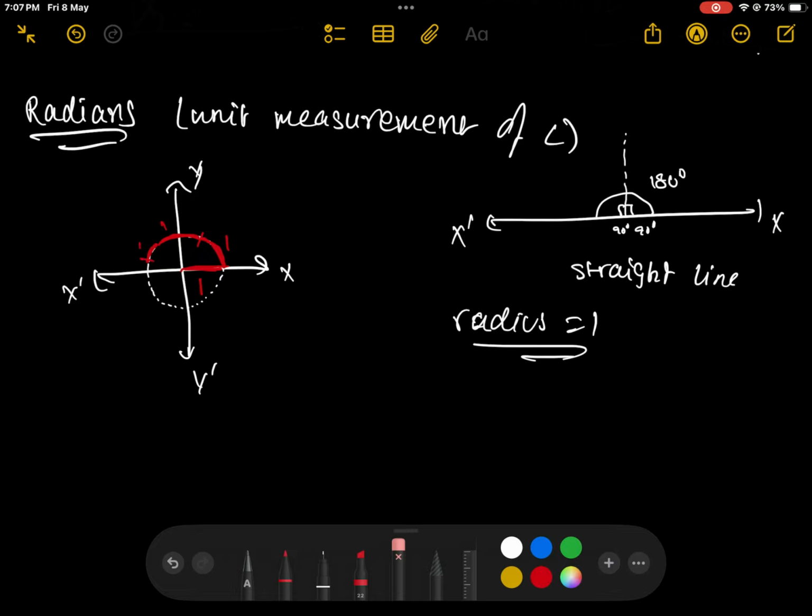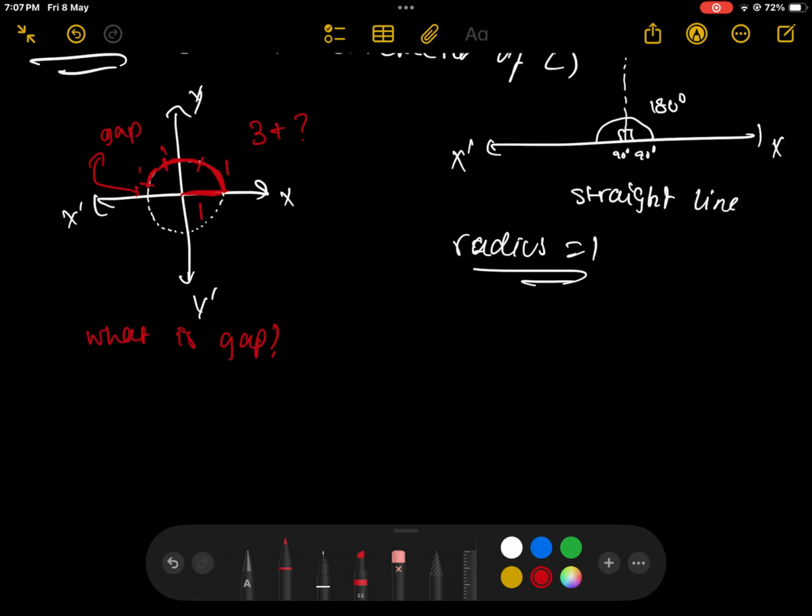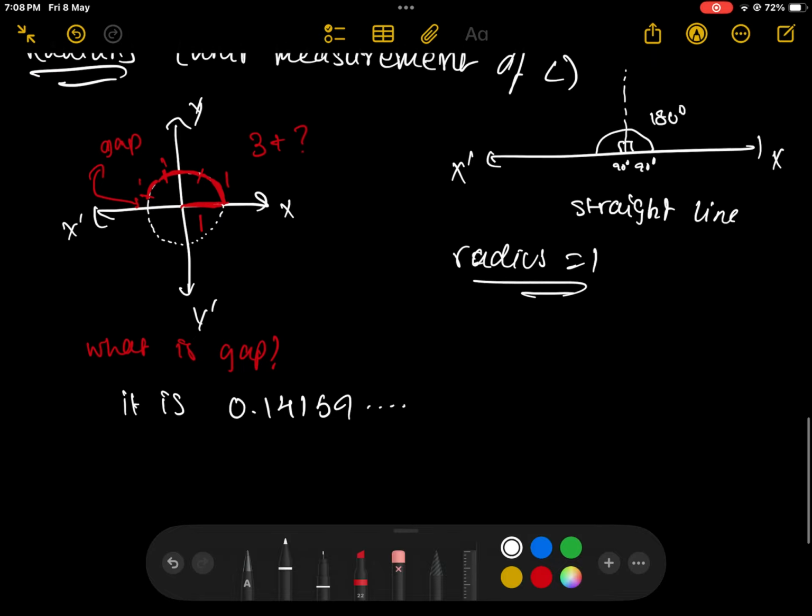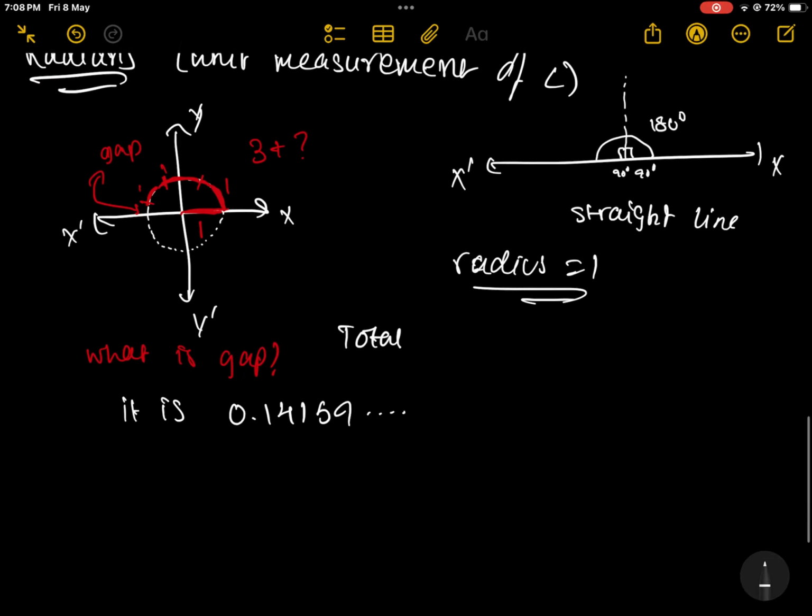So then you already have 3, but there's going to be a small gap between what you're trying to draw and the x dash axis, and this small gap is 0.14159 onwards. It's never ending, continuous and non-repeating.